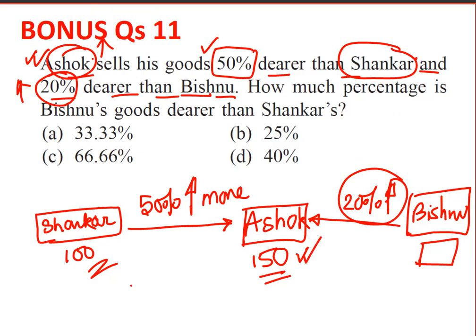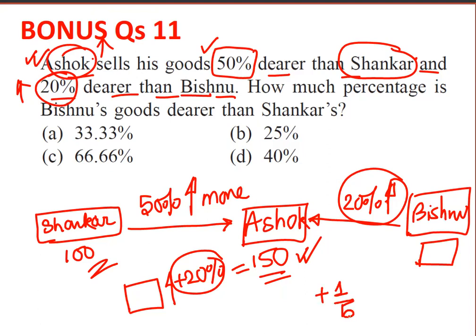Are you getting my point? Suppose there is this value, you increase it by 20%, plus 20%, and you are getting 150. So how can you solve this kind of question? Tell me. Increased by 20% means what?